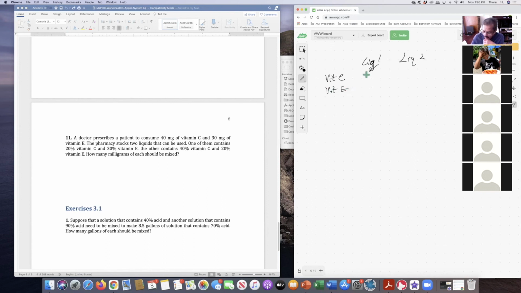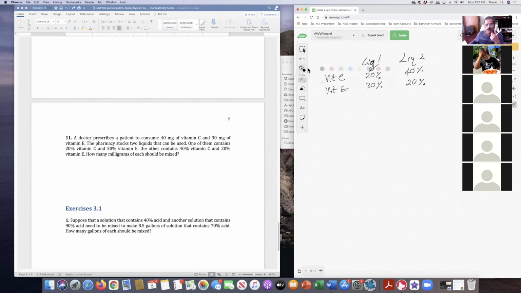When they give you percentage information, write them as percentages. The second liquid has 40% C and 20% E. What that means is 20% of that solution will be vitamin E and 40% of it will be vitamin C. How many milligrams of each should be mixed? That is our question.